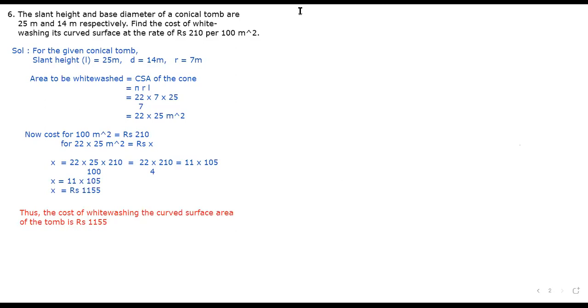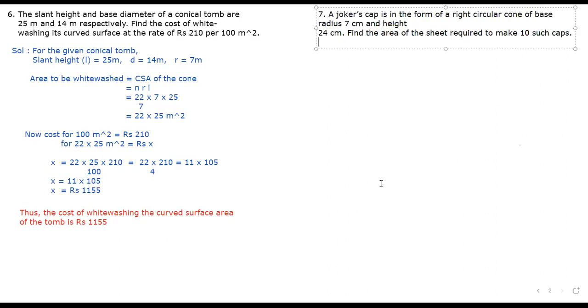Next, question number 7. A joker's cap is in the form of a right circular cone of radius 7 and height 24. Find the area of the sheet required to make 10 such caps. How much sheet will be required to make one cap?